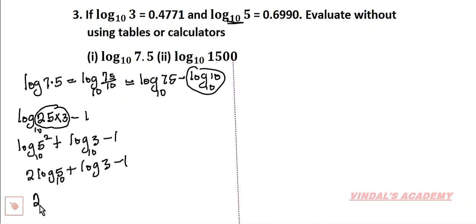But then this is 2 times log 5. What is log 5? 0.6990, plus log 3, which is 0.4771, minus 1. All right.